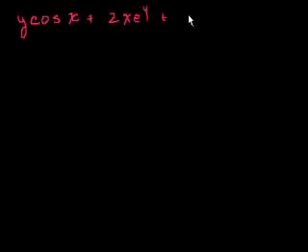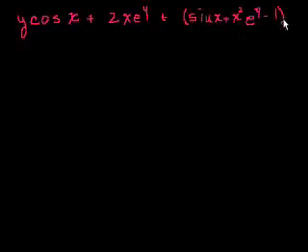So let's say I have the differential equation y cosine of x plus 2x e to the y plus sine of x plus x squared e to the y minus 1 times y prime is equal to 0.